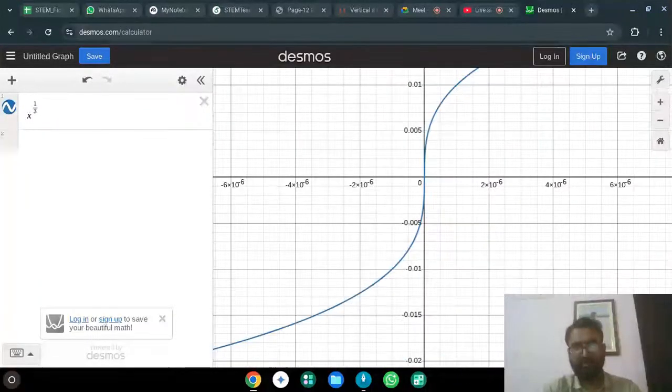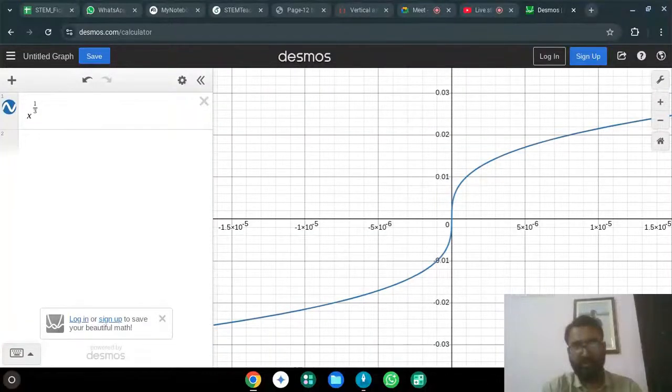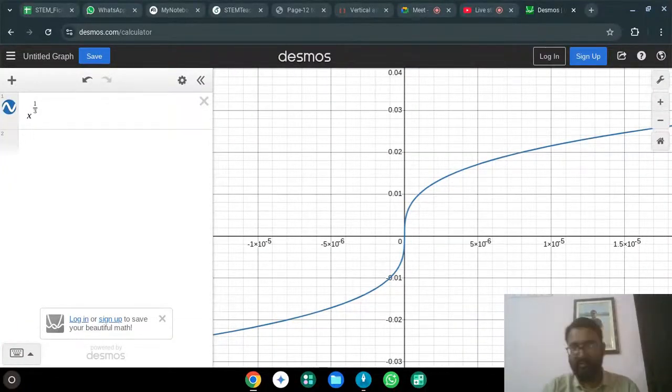So what is this function? So this is a graph. Is it continuous? Yes. And at this point, the derivative is the problem. So what is the derivative? Slope of the tangent line. So if I plot the tangent line, what happens?